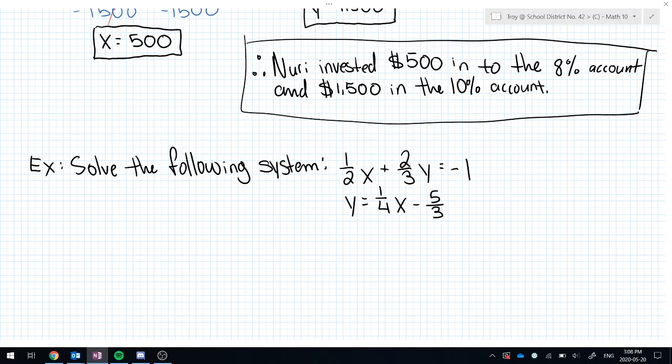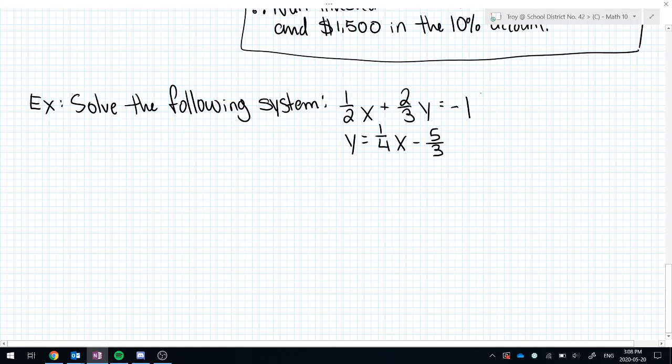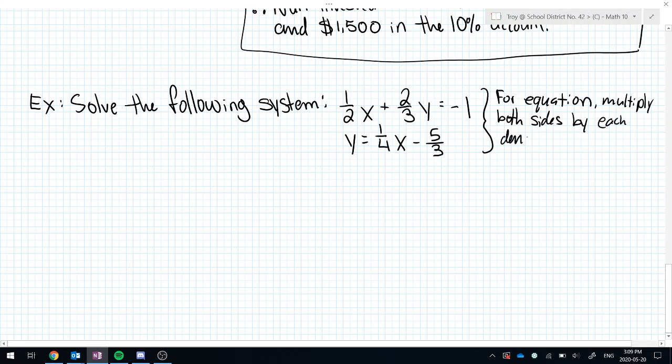Okay, so what we're going to do for each equation in the system, multiply both sides by each denominator's lowest common multiple.